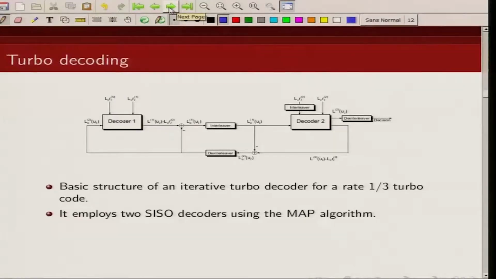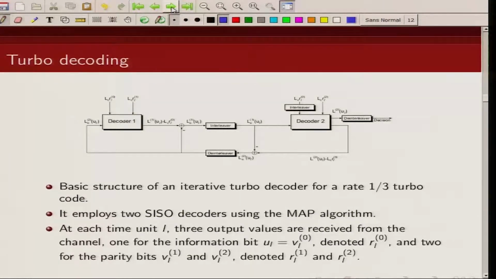We have already explained that there are two decoders and each of them uses the MAP algorithm, this BCJR algorithm that we talked about. There are 3 inputs received from the channel. One, this RL0, corresponds to the information bit, RL1 corresponds to the parity bit corresponding to encoder 1, and RL2 to the parity bit corresponding to encoder 2.